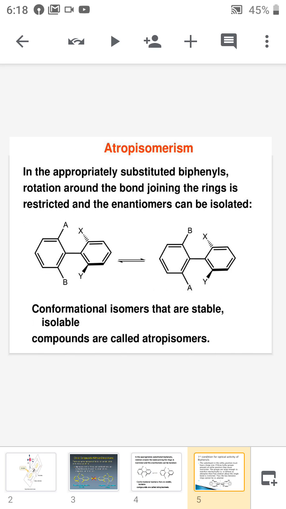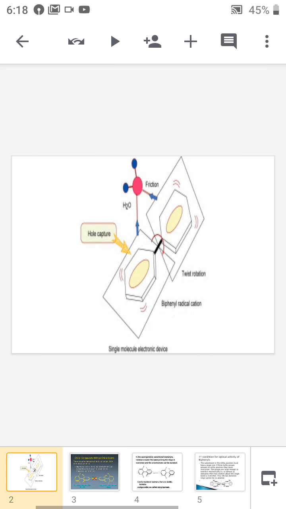So how do we take the plane of symmetry here? I have shown two planes. One plane contains one phenyl ring, and the other plane contains the remaining phenyl ring.